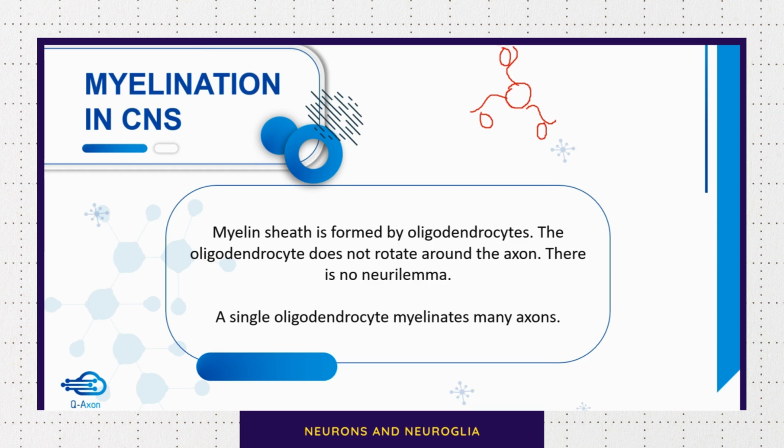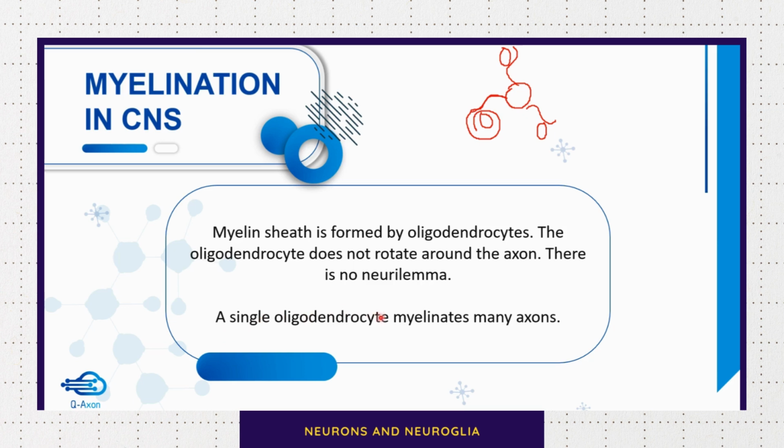It only sends out its processes to myelinate each axon. So the processes would lay down myelin around the axon. So unlike the Schwann cell, which itself rotates around the axon, the oligodendrocyte remains stationary. It only sends its processes.